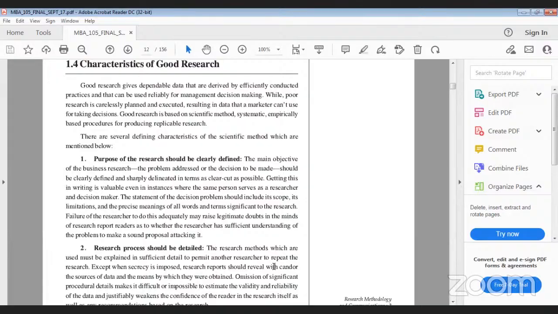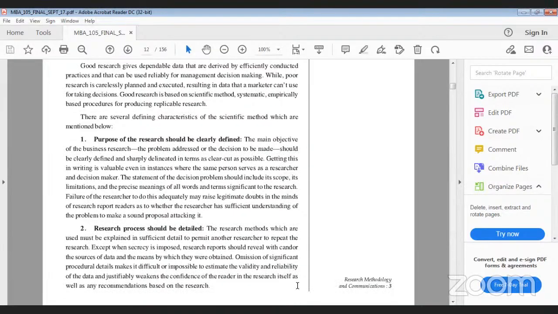research except when secrecy is imposed. Research reports should reveal with candor the source of data and the means by which they were obtained.